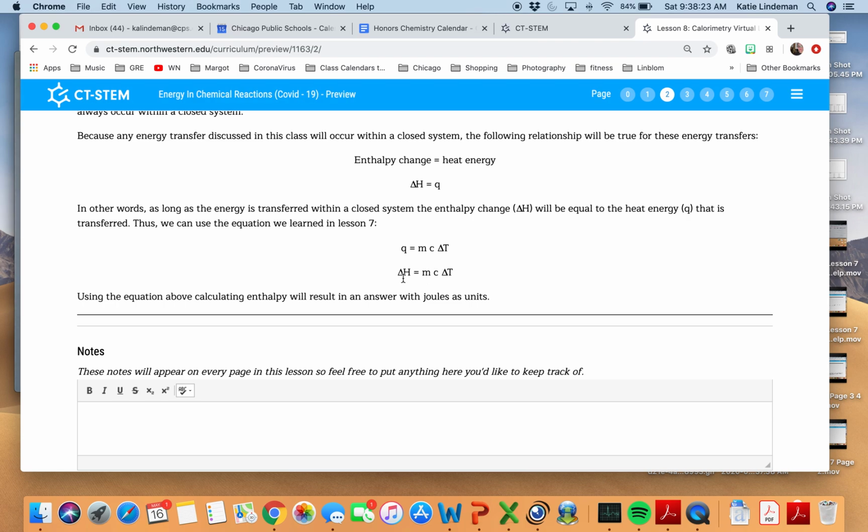So now we can say that the enthalpy change is equal to mass times specific heat times change in temperature. And just as heat energy is measured in joules, we are also going to measure enthalpy change in joules.